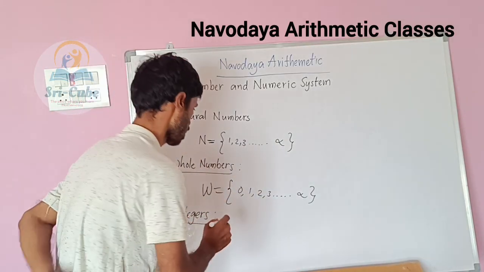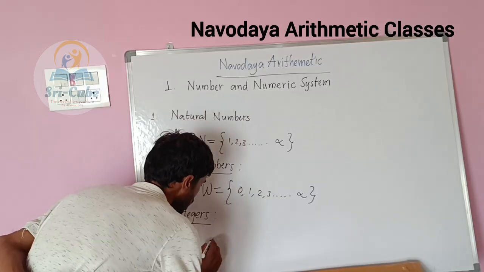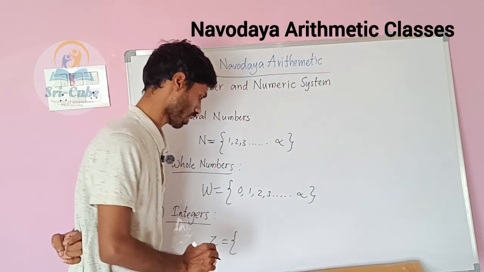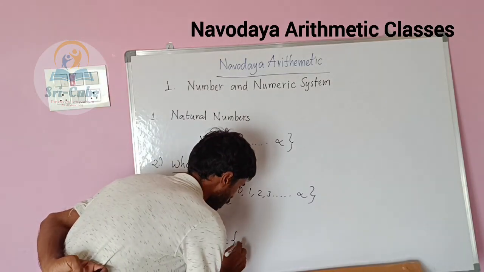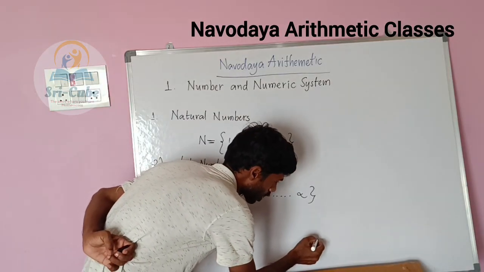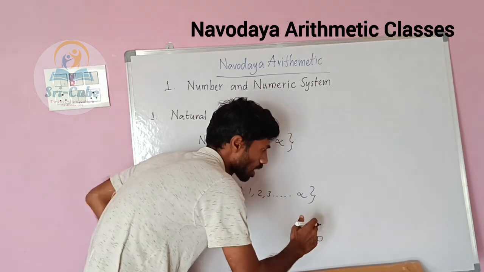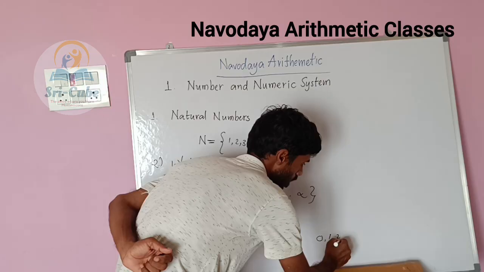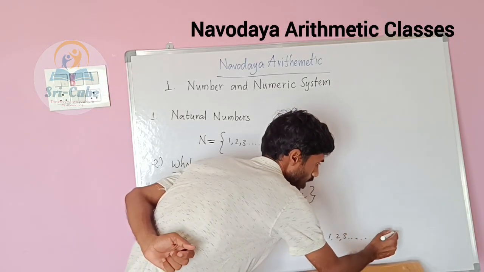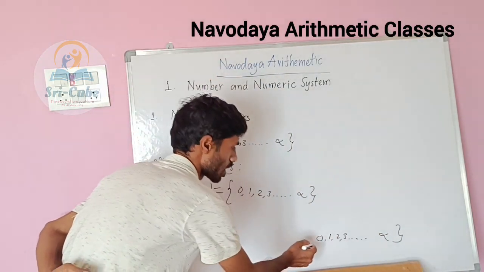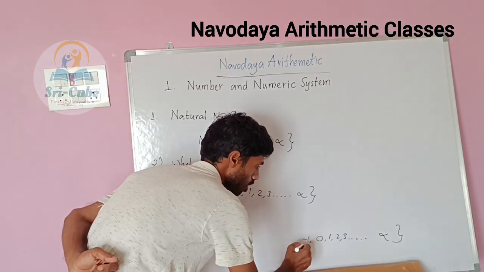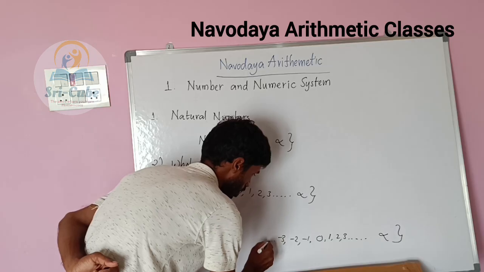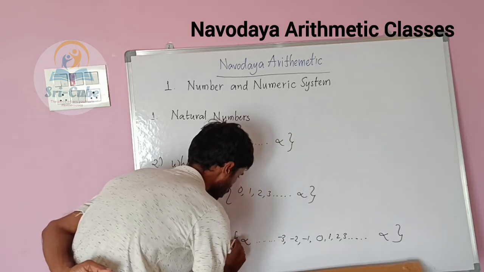This set is denoted by Z. In the middle is 0, and on the right side of 0 are all positive numbers 1, 2, 3 and up to infinity, and on the left side of 0 are -1, -2, -3 and it continues up to minus infinity.